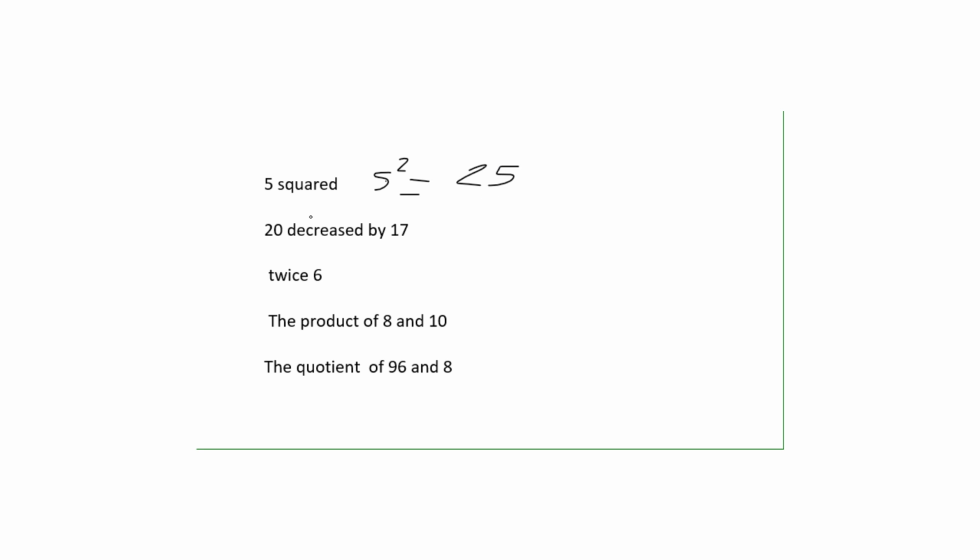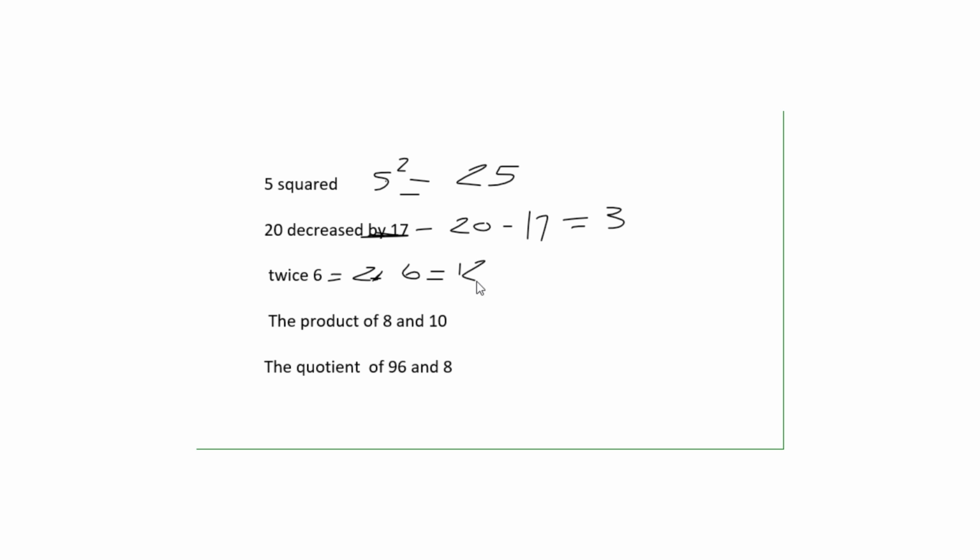The next one says 20 decreased by 17, so that would be 20 minus 17, which equals 3. Twice 6 will be 2 times 6, and 2 times 6 is 12.